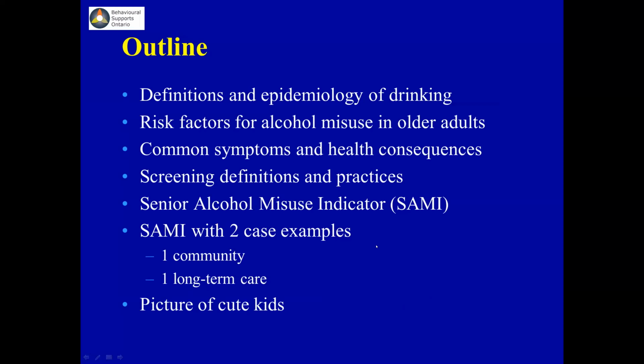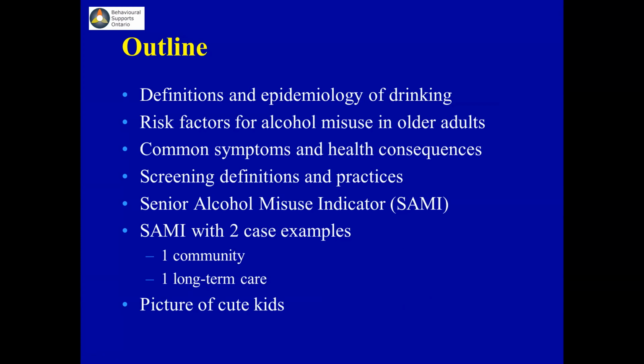So this is just a brief outline of what we're going to be talking about today. Really we'll be doing a lot of background information, so a lot of definitions and epidemiology of drinking in Canada. We'll talk about the risk factors for alcohol misuse among older adults, some common symptoms and health consequences of significant drinking.